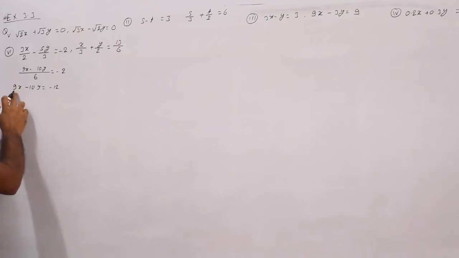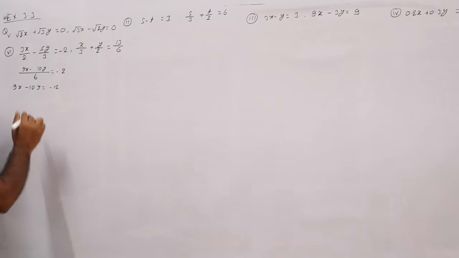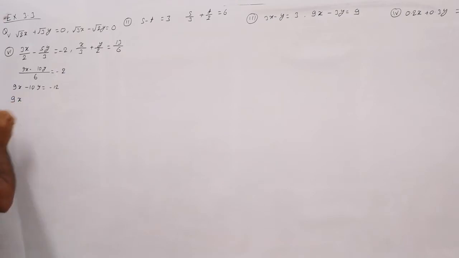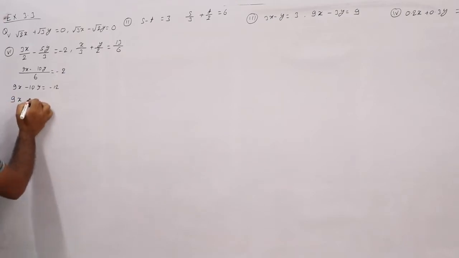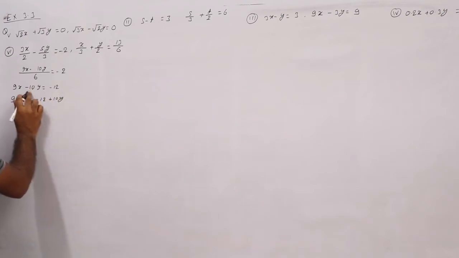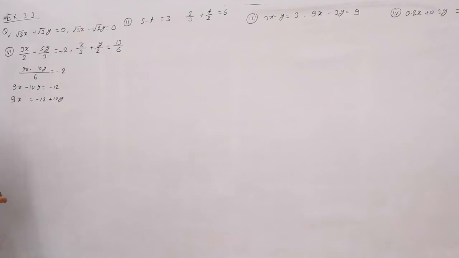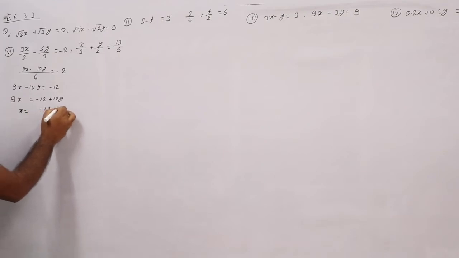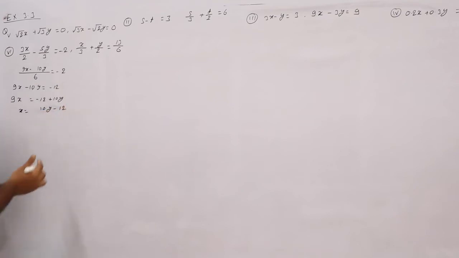Try to find the value of y or x, whichever you want. Again I am finding the value of x. So this side becomes minus 12 plus 10y. Or shall I write 10y minus 12? Just rearranging by 9, we get the value of x.